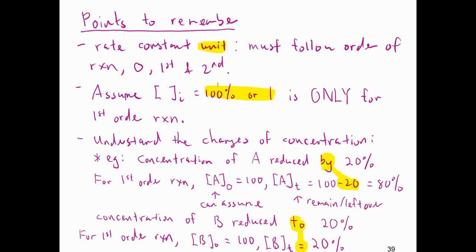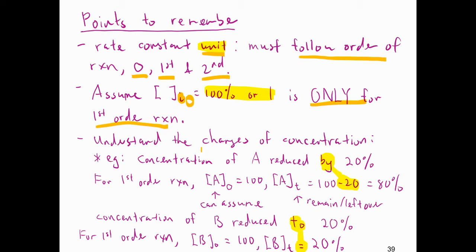What are the points to remember? The rate constant unit must follow the order of the reaction. This means you must memorize the unit for zero order, first order, and second order. You can only assume the initial concentration is 100% for a first order reaction if the initial concentration is not given.